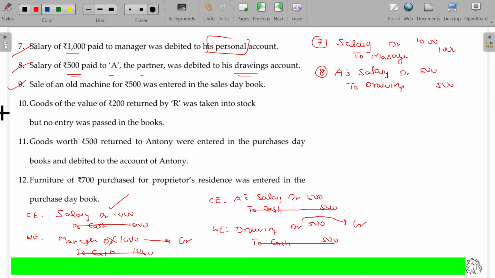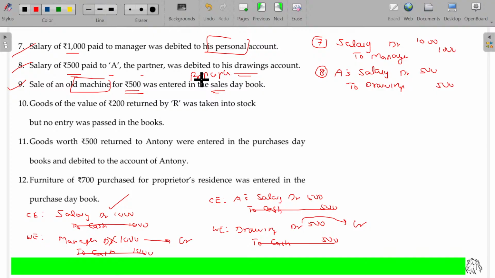Ninth one. Sale of an old machine 500 was entered in the sales day book. Machine sale should be shown in the credit side of the machine account. Machine should be reduced, but they have shown that as a sale. Error of principal, rule.